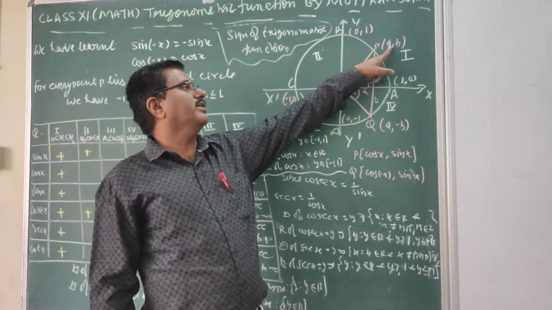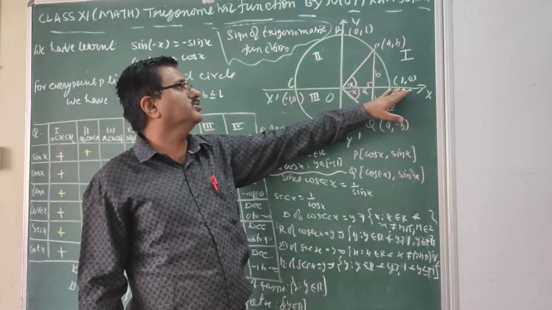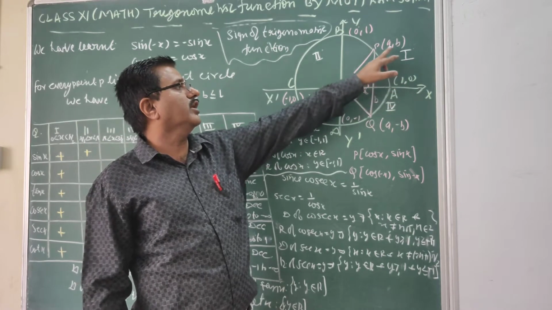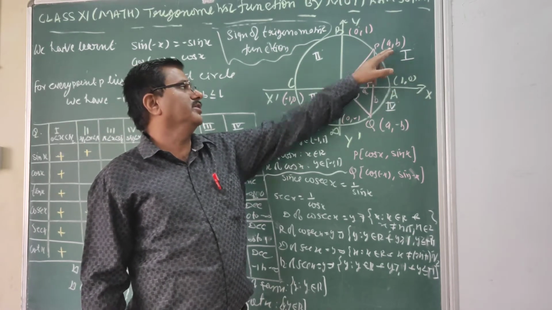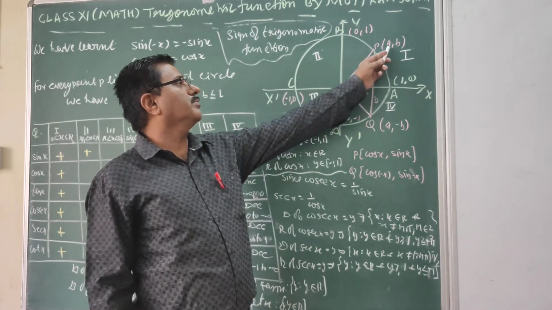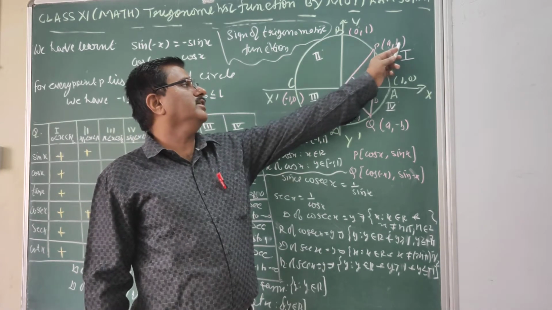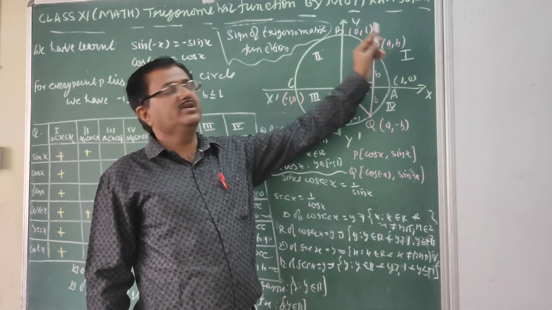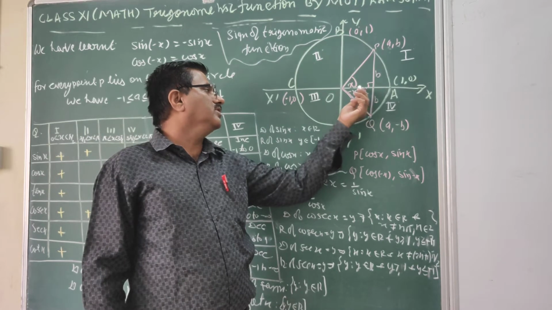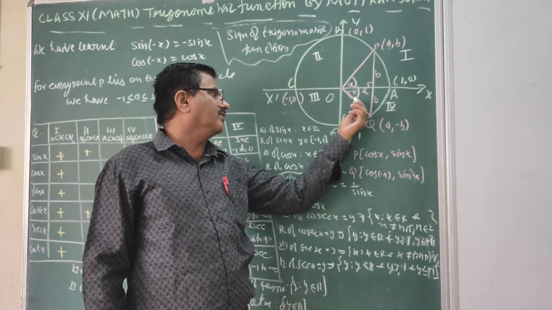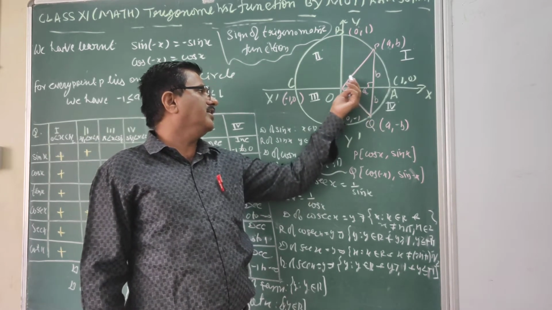So in the first quadrant we know the value of x is positive and y is positive, and by coordinate geometry the x coordinate is a and the y coordinate is b. Now suppose we are moving in a clockwise direction, this is the clockwise direction and this is anti-clockwise.